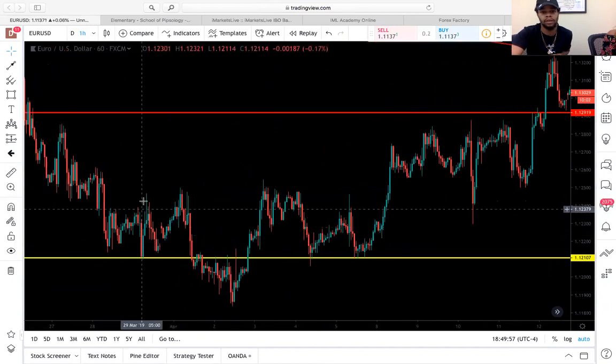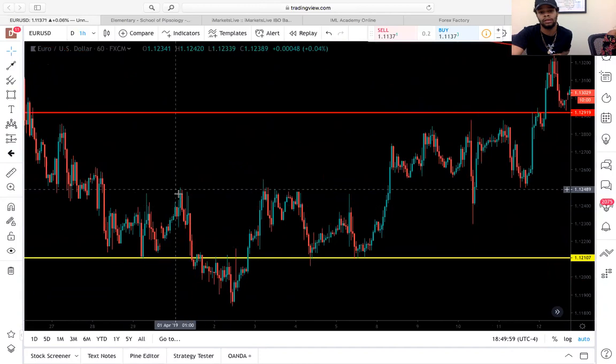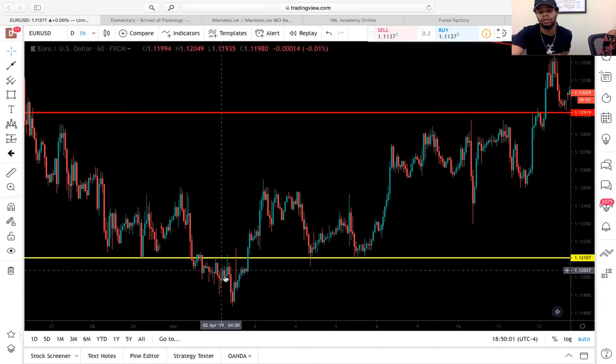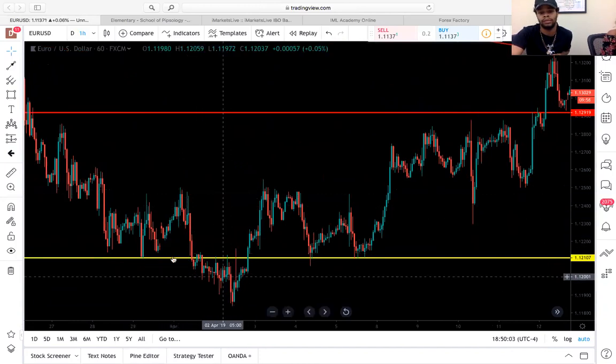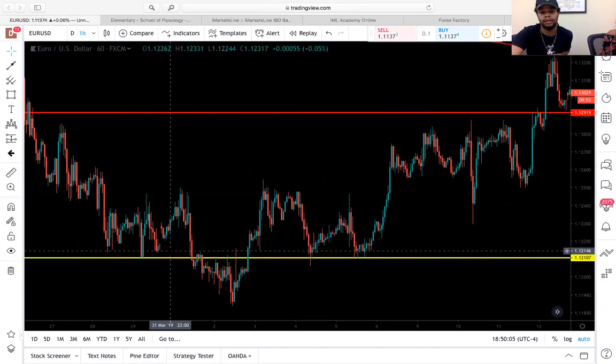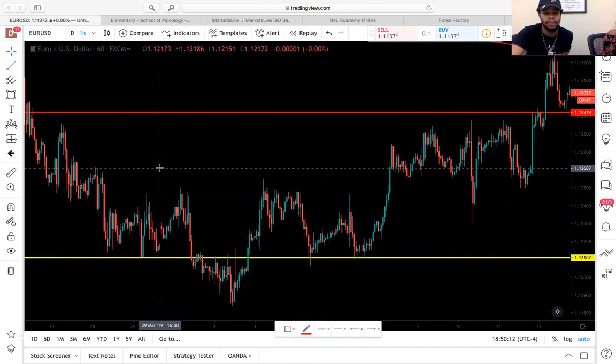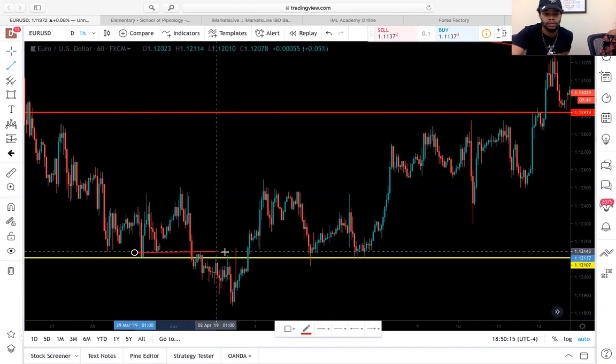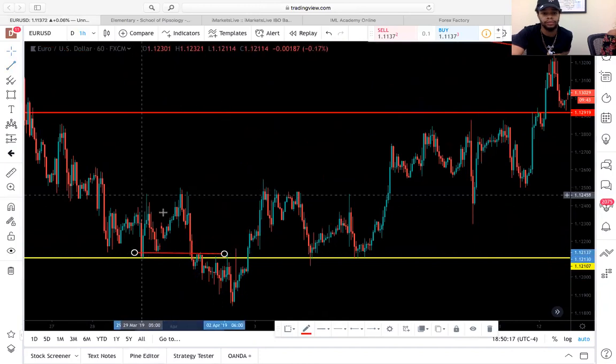It created an M. Came up, touched, and then just dropped all the way down. And actually, you'll draw the neckline, it retested that, and then dropped.